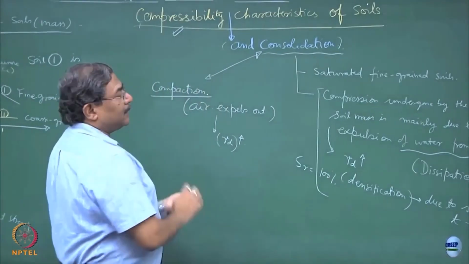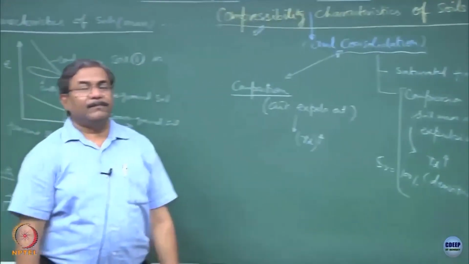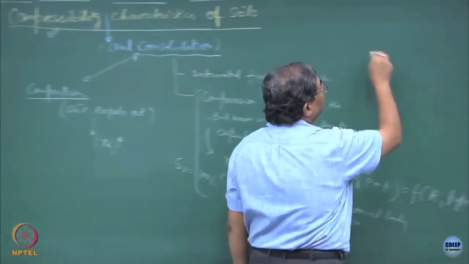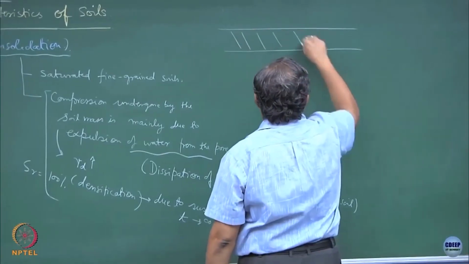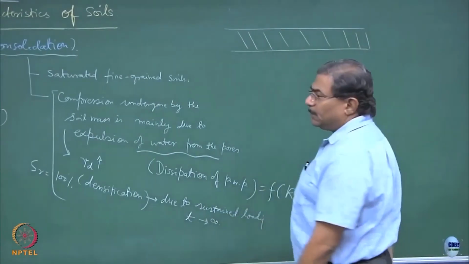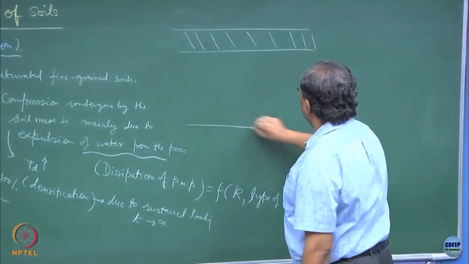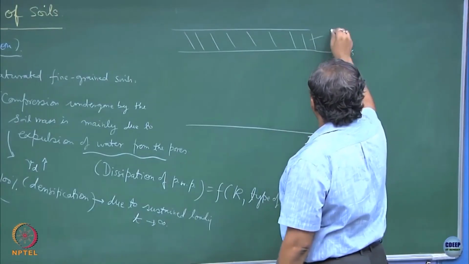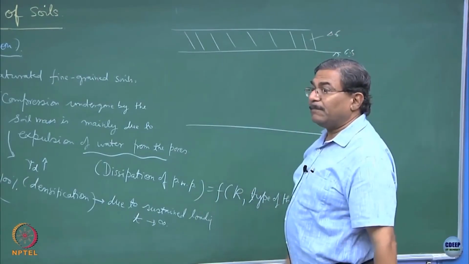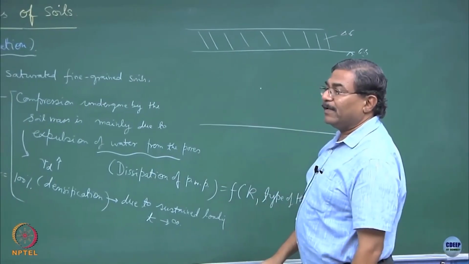I hope you can realize, even if I compact the soil, alright, suppose the top layer has been compacted, this is a momentary process. The pad which I have created on the ground surface, because of this delta sigma, what is going to happen? Now this delta sigma is going to get delegated over this point, clear.